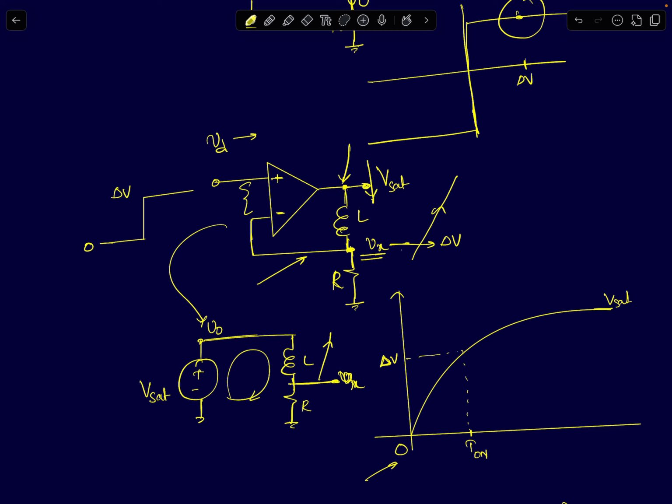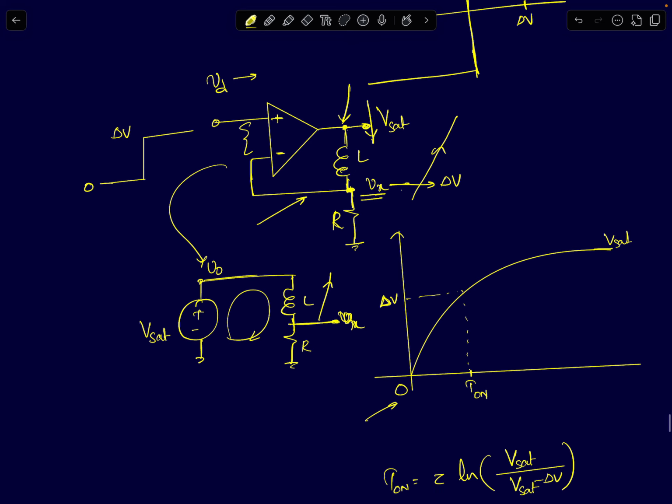So what happens is, at this point when the differential input becomes 0, that is, when the inverting terminal reaches delta V volts, the output voltage will now start decreasing. Why will it start decreasing? Because this node voltage Vx has a tendency to increase. It's not stopping at delta V, it's increasing. Because it's increasing, the output will have a tendency to decrease.